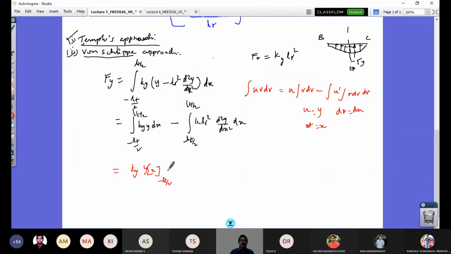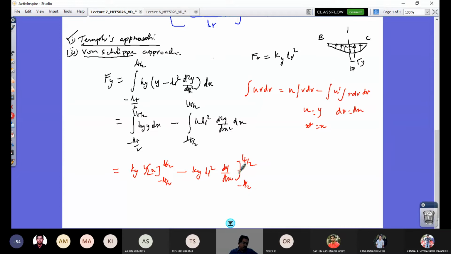minus, from minus LT by 2 to LT by 2. And this integration here you have to do carefully. So this is going to be uv; this is not over. This is going to be further ky Lr square dy by dx, and that's going to be minus, from minus LT by 2 to LT by 2.